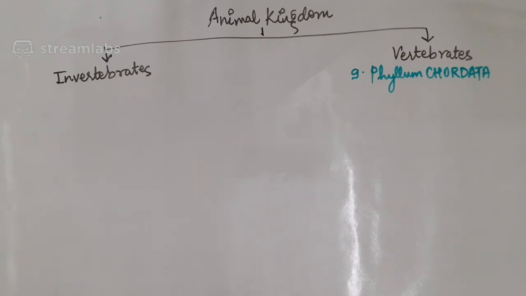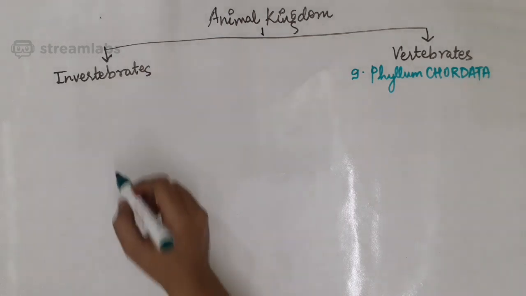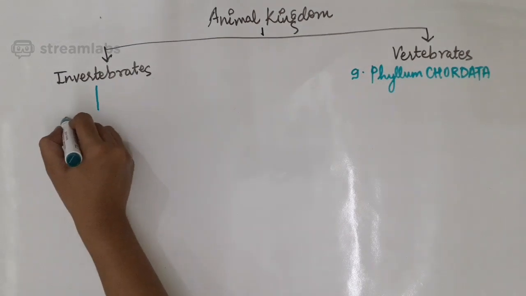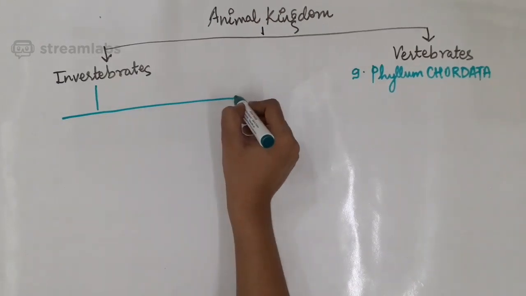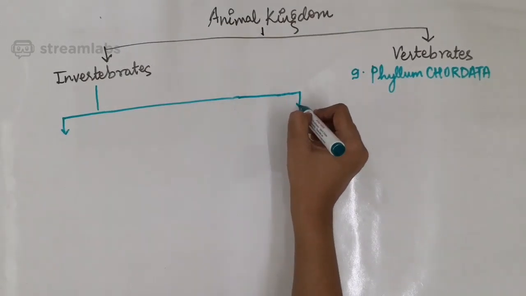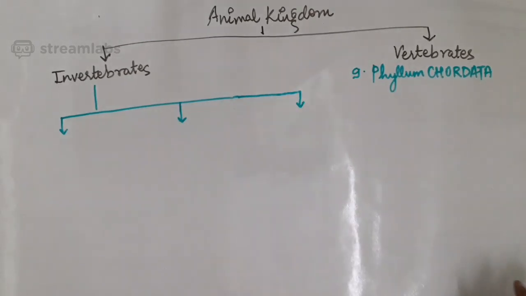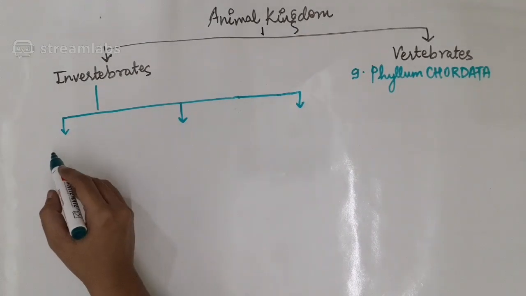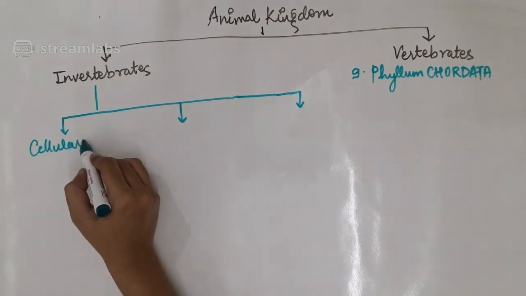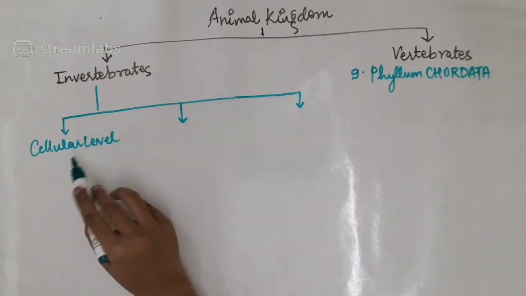Okay, invertebrates, in this we have 8 phylums, and it is again divided into 3 levels: the cellular level, then tissue level.